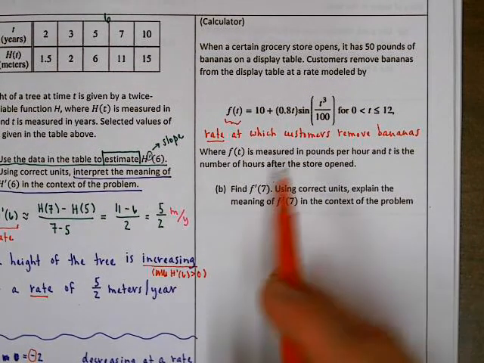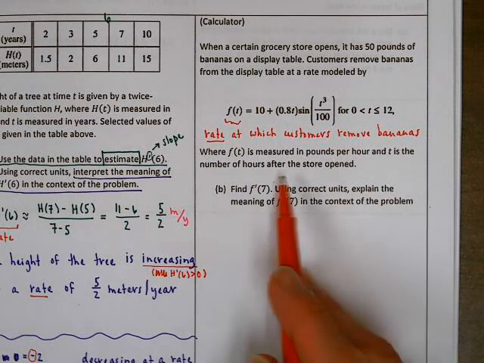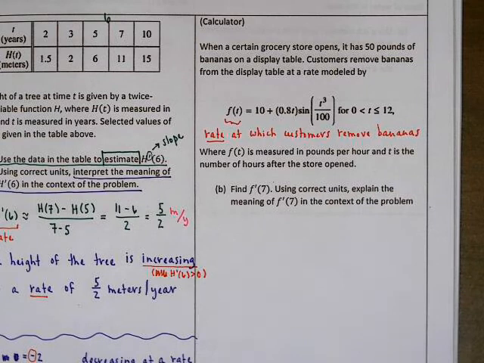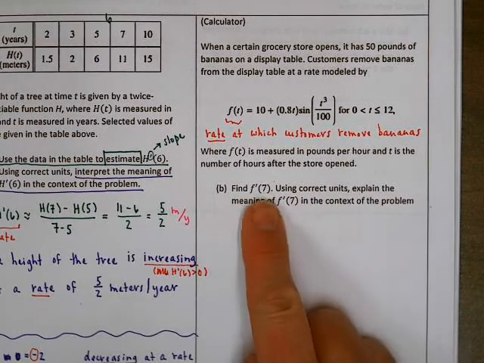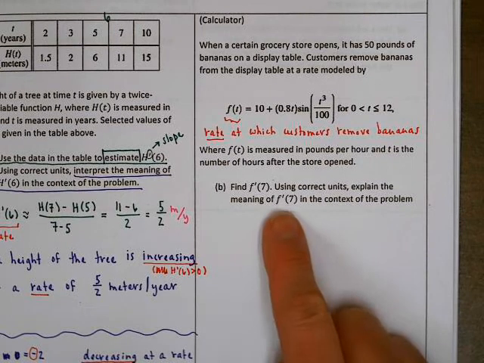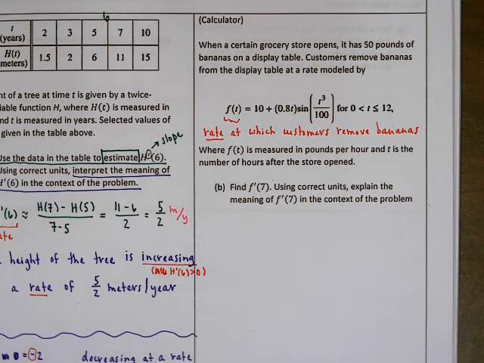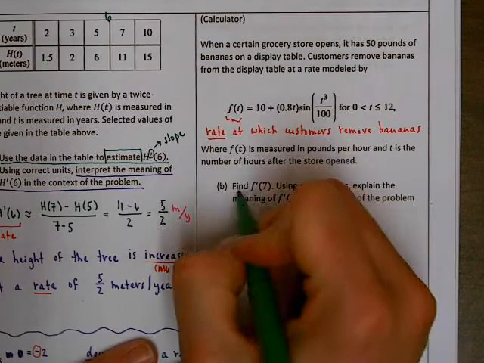All right, so F of t is measured in pounds per hour, and t is the number of hours after the store opened. So here we're being asked to find f prime of 7, and then again, using correct units, explain the meaning of that answer in the context of the problem. So let's start off with f prime of 7.